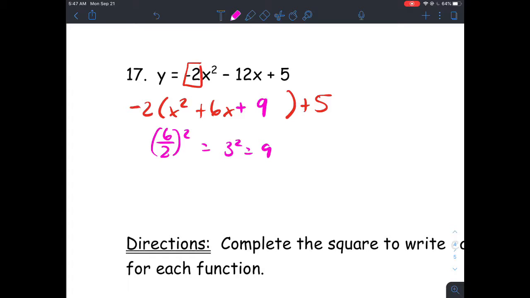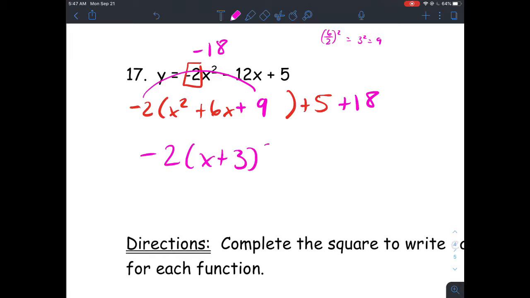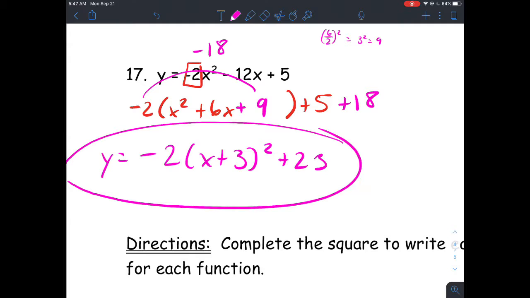All right, but again, I didn't actually add in a 9. I added in a negative 18. So to counteract that, I have to add in 18. So now I'm going to write it as a perfect square. I get negative 2 times x plus 3 squared plus 23. And that would be my answer.